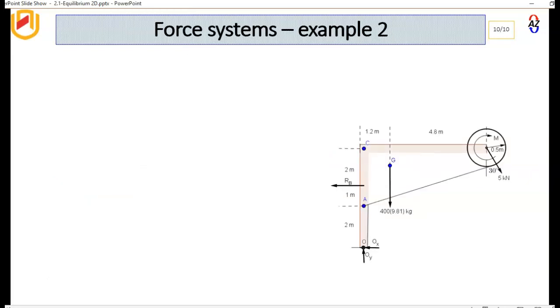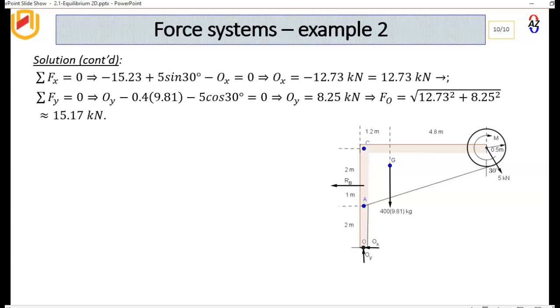So that's our free body diagram here on this page. Then we take summation of forces in the X. Obviously it will be minus RB plus 5 sin 30 degrees minus OX is equal to 0. OX in this case you find it as minus 12.73 kilonewtons, which is 12.73 kilonewtons going in the positive X direction in this case. The same thing.